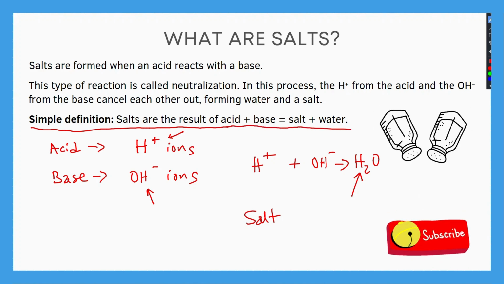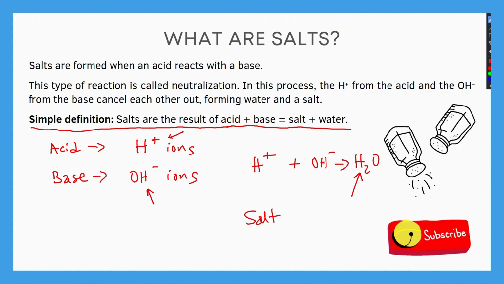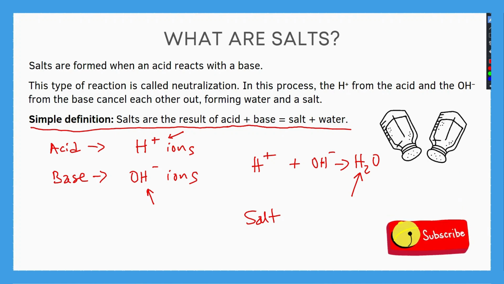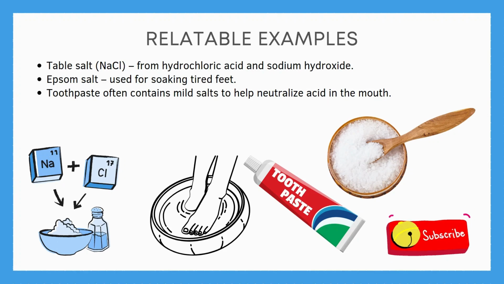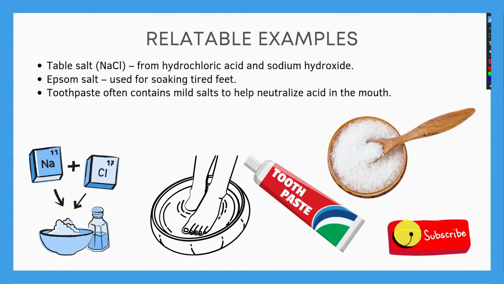Now that we have defined what a salt is, let's proceed into the next thing that we have. Are there any relatable examples of what salts are in our everyday life? Of course, there are. And the first and most notable and most relatable example of a salt is the table salt that we use in our various homes. We use this for cooking, we use this to preserve food, we use salt for all kinds of things in our houses.